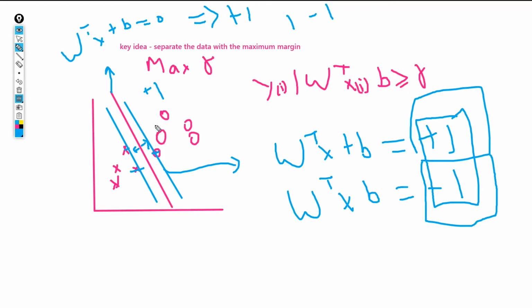We are going to take plus 1 and minus 1, and we will try to maximize this distance. You must be thinking, how are these points going to lie on this part? For that we can normalize our data, and there are many techniques, but let's move on.